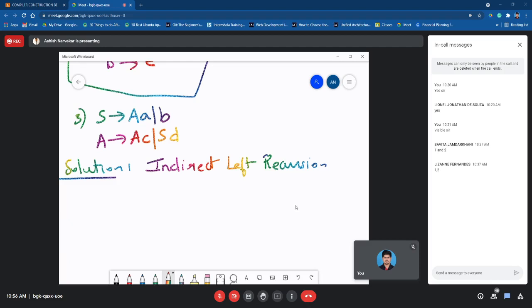A derives A C, or S D is there. But this S D that is there, we can see, S has been written as A A, right? So if we substitute production one into this S D part, we'll convert it into a left recursive form.